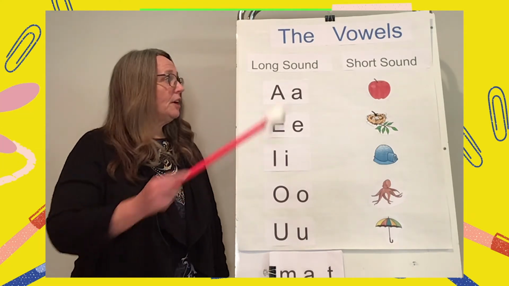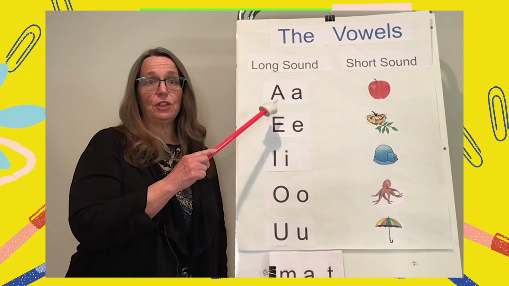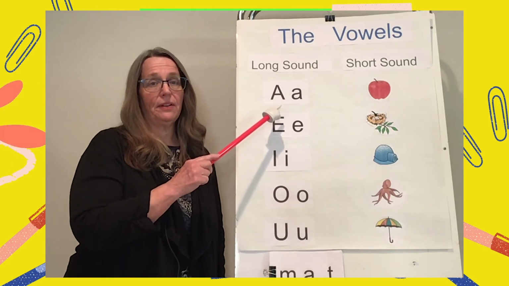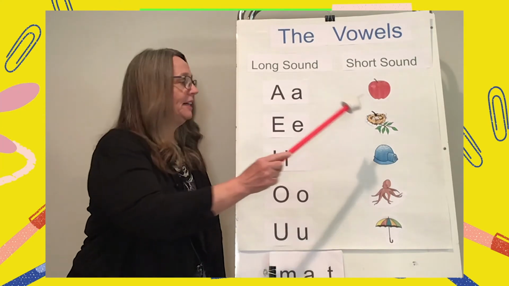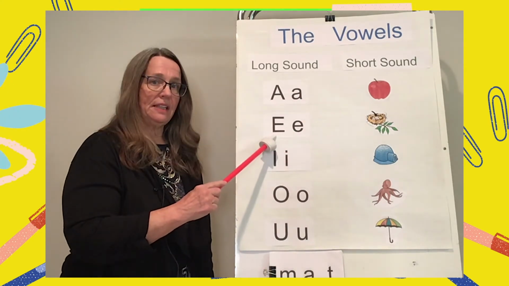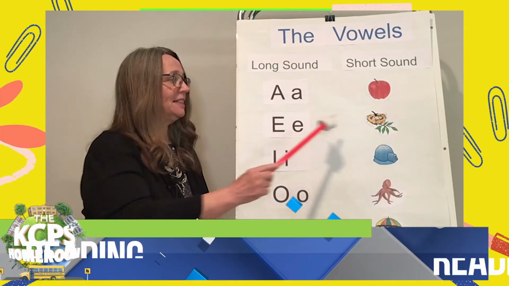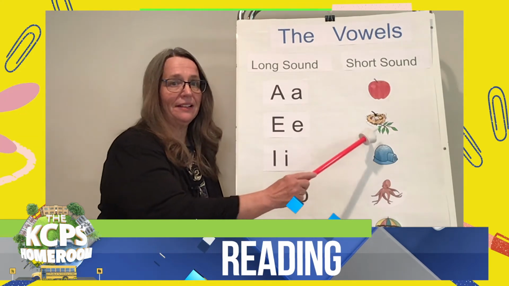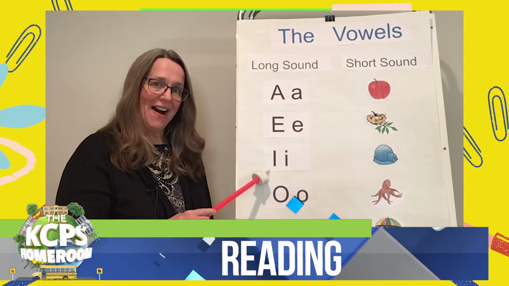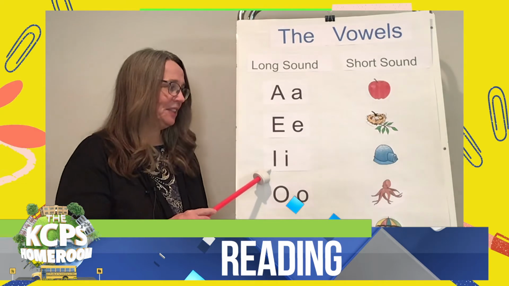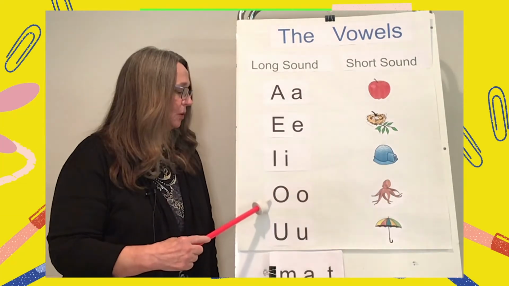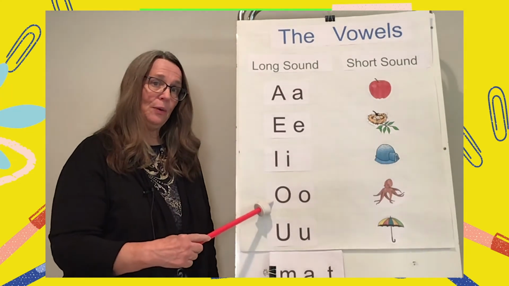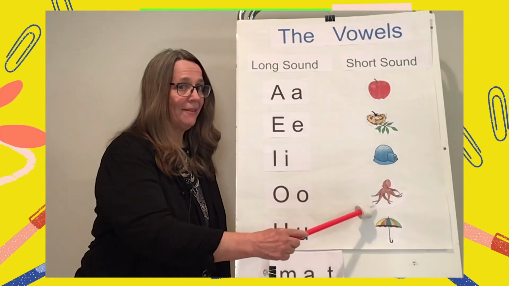So when the letter A is making the short vowel sound, that sound is ah. This letter E, the short vowel sound, is eh. This letter I, the short vowel sound is ih. The short vowel sound for O is ah.